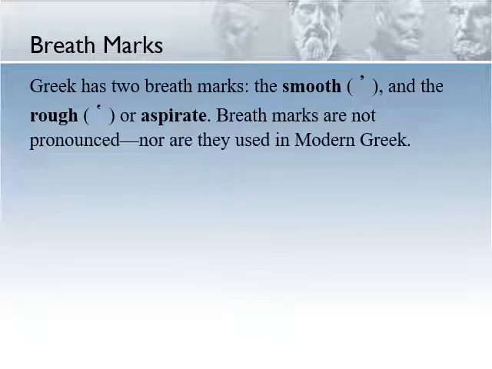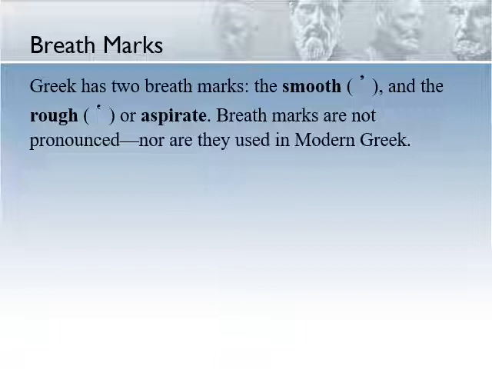Now let's talk for a few moments about these breath marks. In addition to accents, Greek has two breath marks. They are the smooth breath mark and the rough or aspirate breath mark. The smooth breath mark, you'll notice, looks like an apostrophe. For that matter, the rough breath mark also looks something like an apostrophe, but the difference between them is that they face opposite directions.